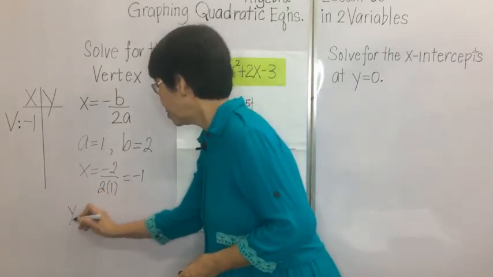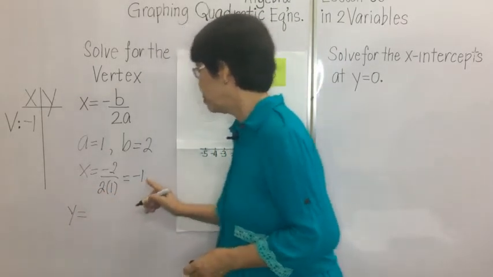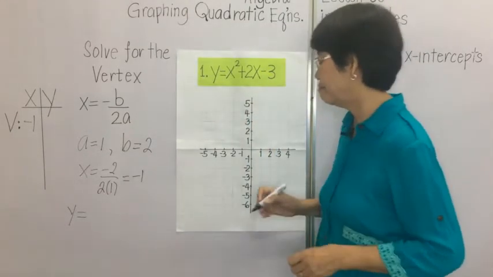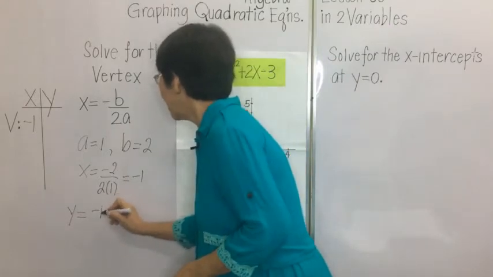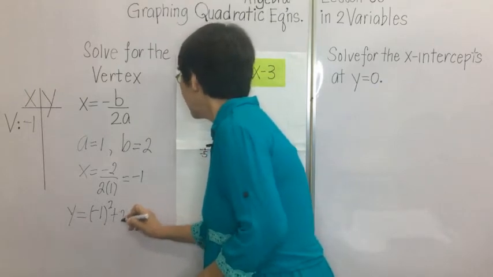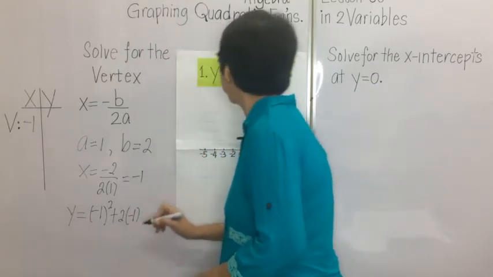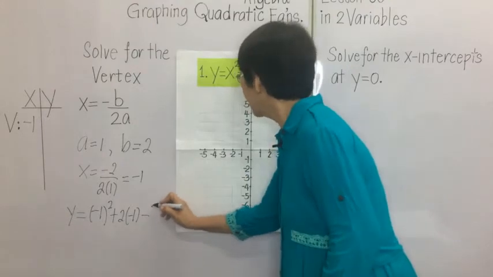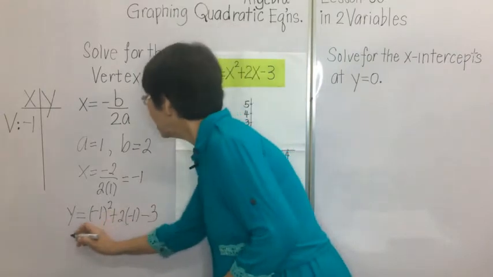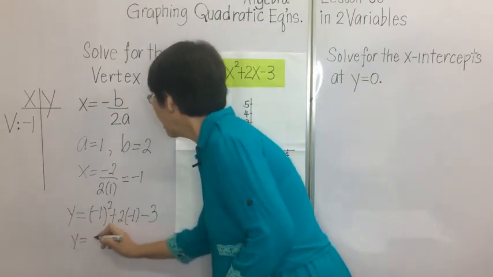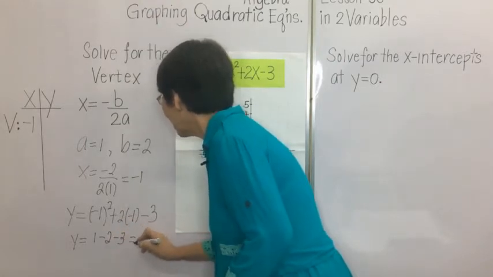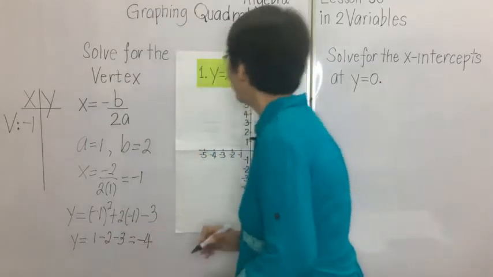Substituting the value x is equal to negative 1 in this equation, we have negative 1 quantity squared plus 2 times negative 1 minus 3. So we have y is equal to 1 minus 2 minus 3, which is equal to negative 4.